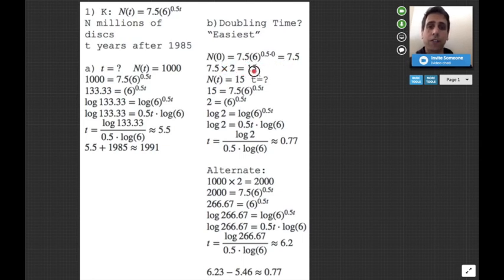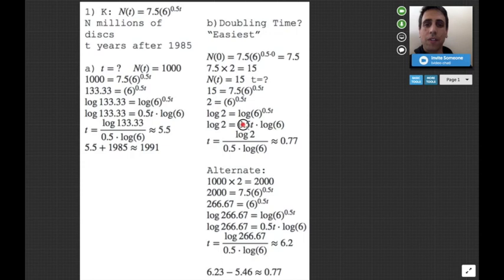Double that to 15, and so then you have to figure out at what time there are 15 million discs being produced. So you plug in 15 over here, and then again divide both sides by 7.5. Again, take the log of both sides. Again, the exponent moves from 0.5t over to the front.